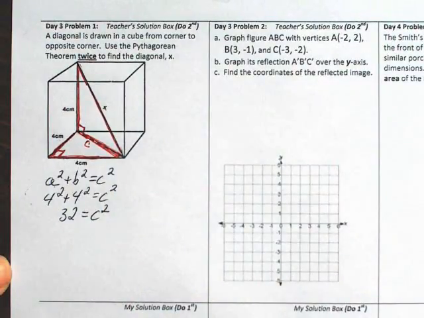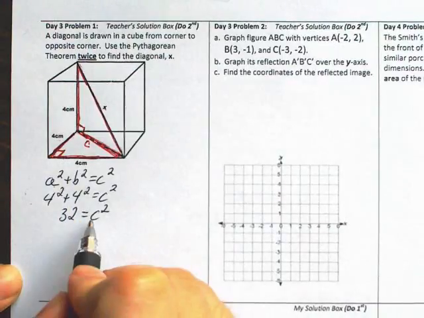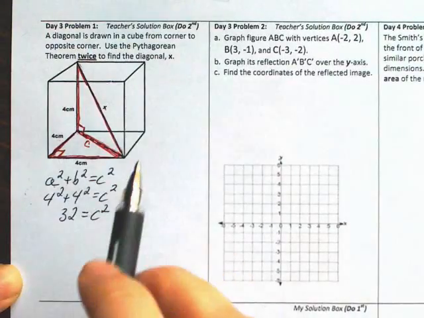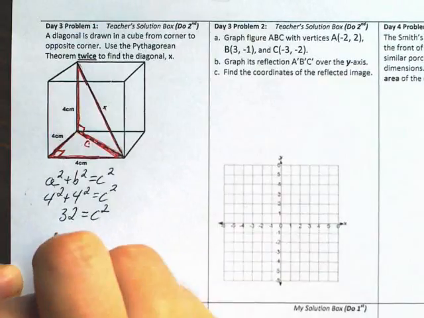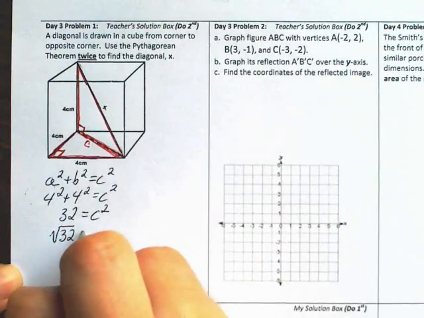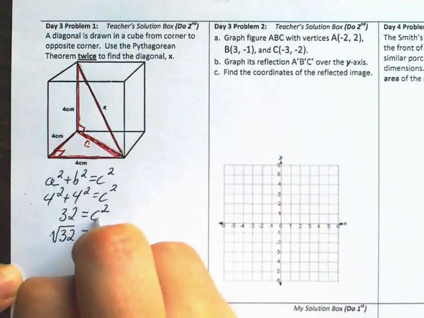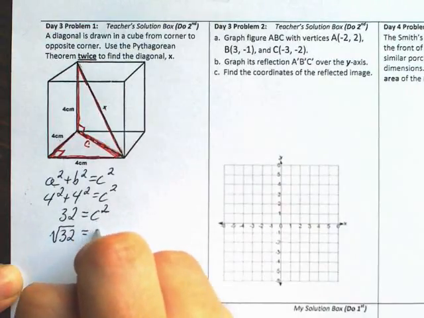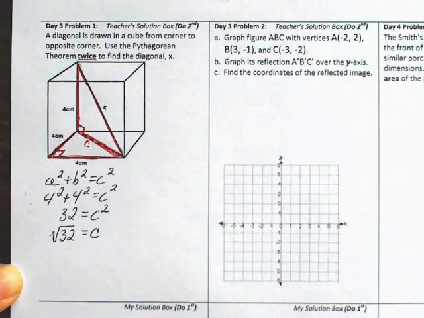So 32 is equal to c squared. Okay. If we want to find the length of c, we would do a square root. And so we'd get that the square root of 32 is equal to the square root of c squared, which is c.